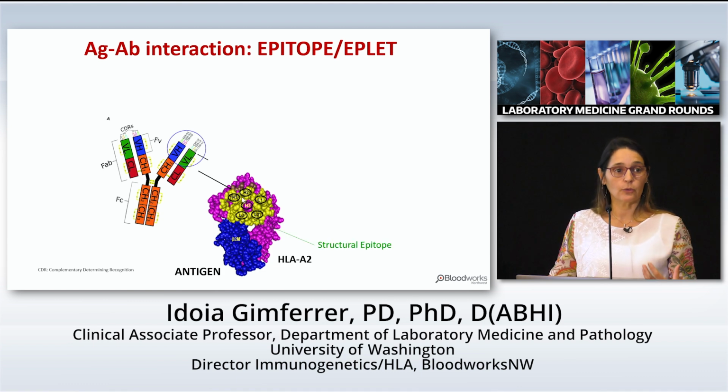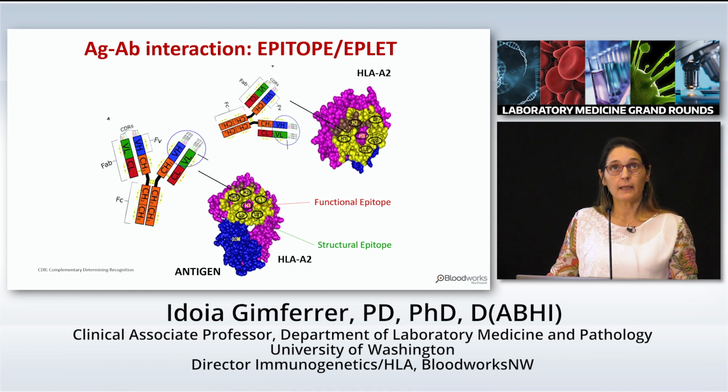This is called the structural epitope. At the center is the functional epitope, the 1 to 3 amino acids that are really the target of the antibody, that is the specificity of the antibody. If you change the functional epitope composition, the antibody will not bind, but the structural epitope is the one that holds the antibody and stabilizes the interaction.